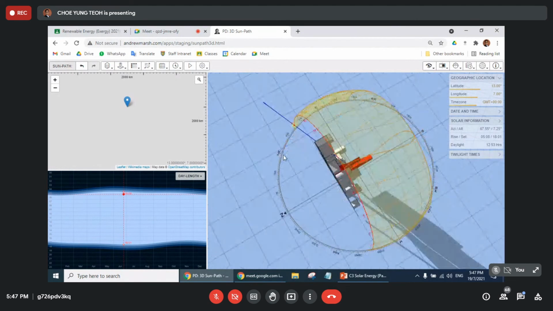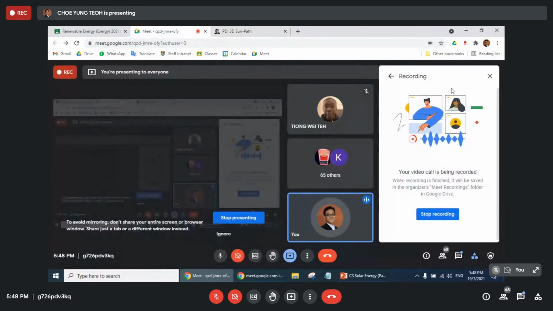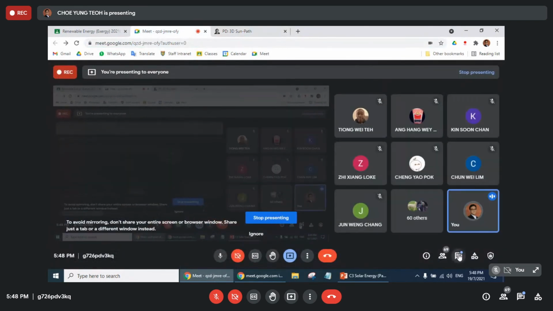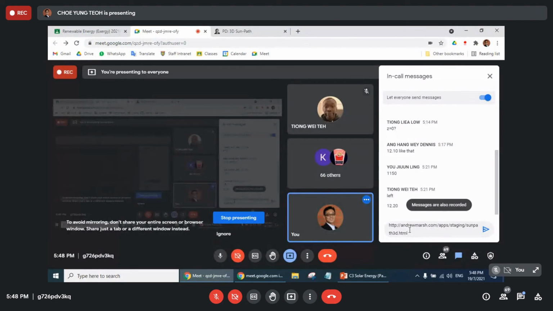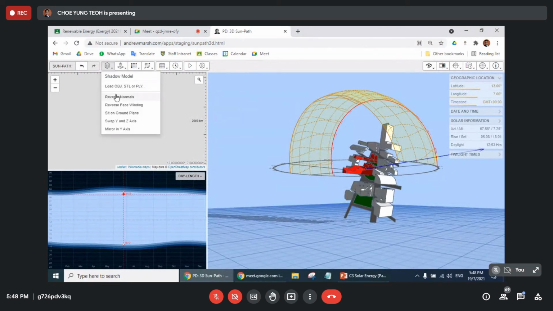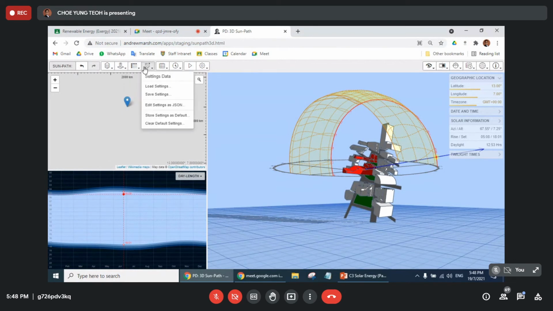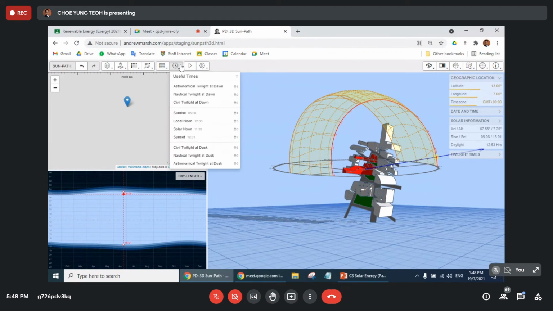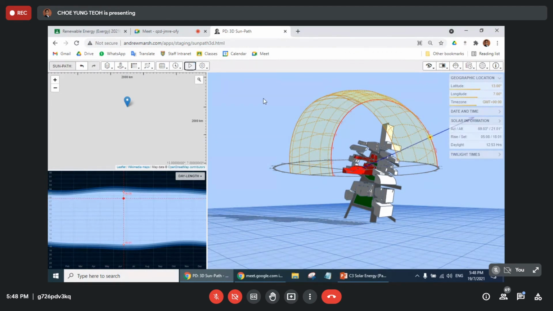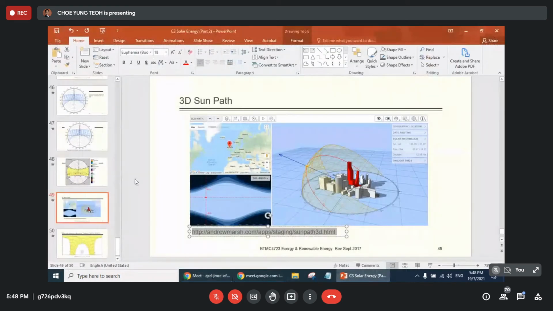I remember that I can change it, so you can play around with this. I share the link in the chat box. Let's try to change it into 2D. I remember I can change to 2D, but I can't. Okay, never mind, you play on your own. So this is a 3D sun path diagram.